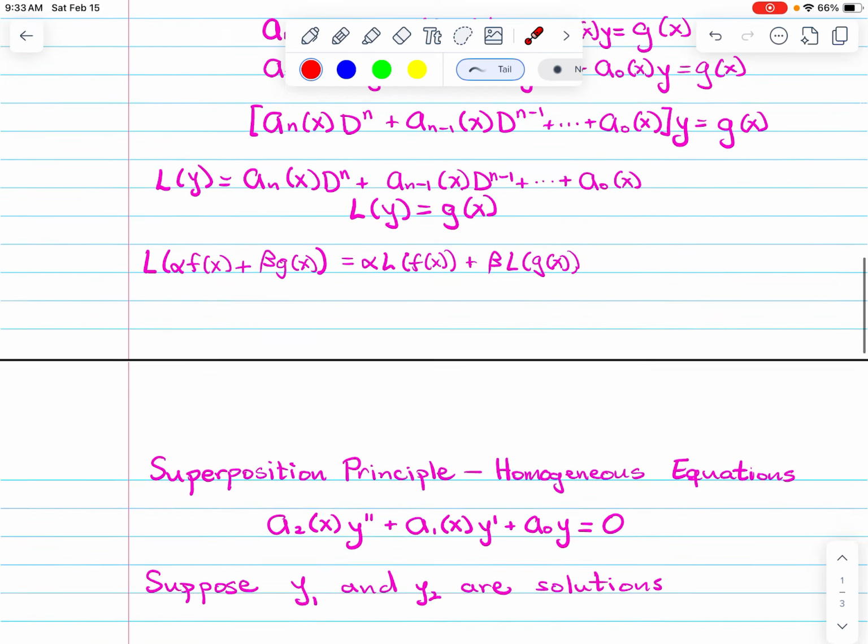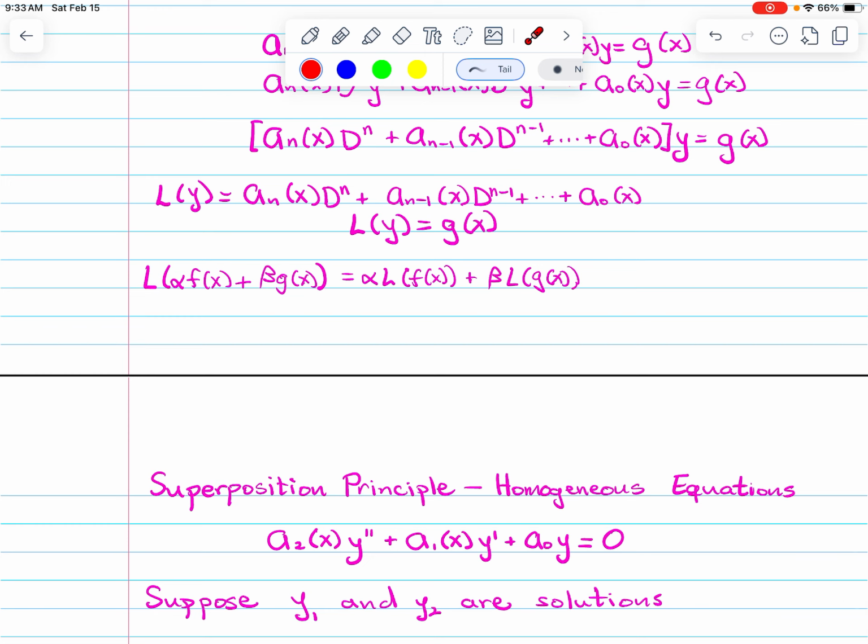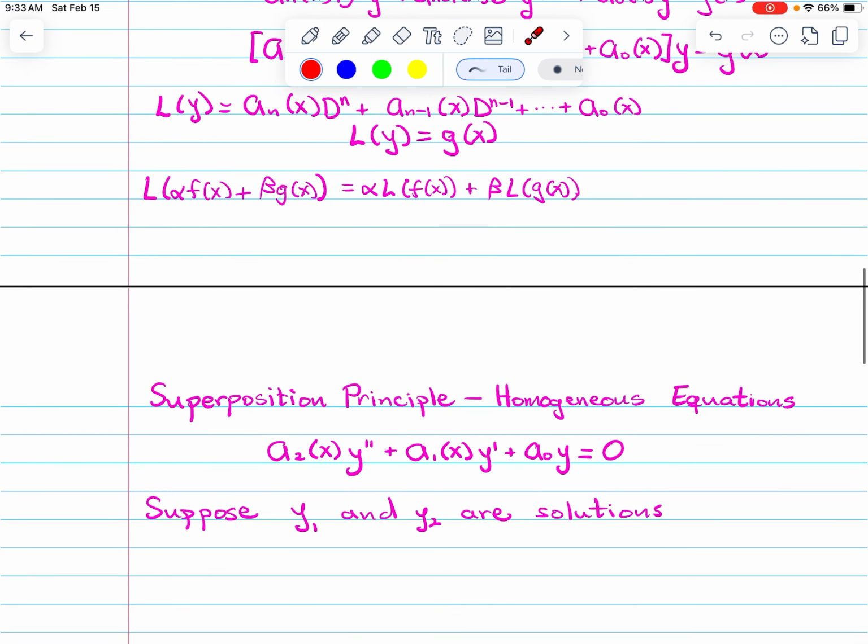Okay, now I want to get back to the homogeneous equations. Let's suppose that we have this homogeneous equation right here, just a general one. And let's suppose that we know that y1 and y2 are solutions.